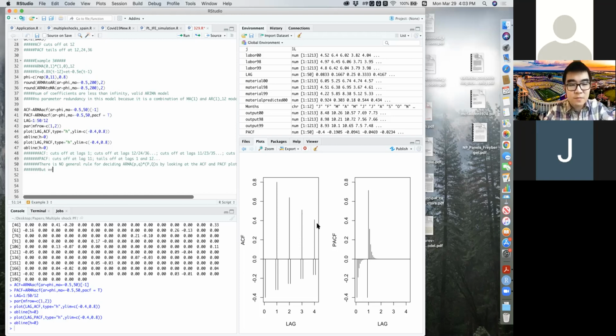We can use the rules of ARMA(p,q) and ARMA(P,Q)s to find a starting point.